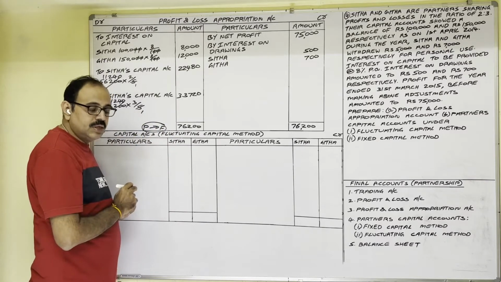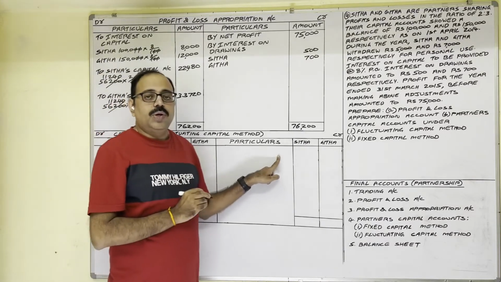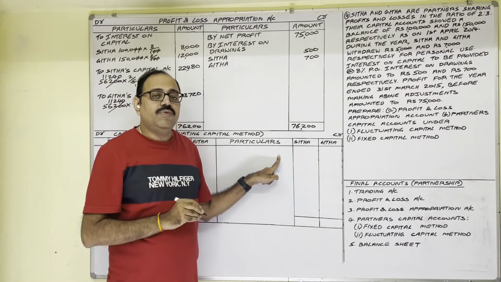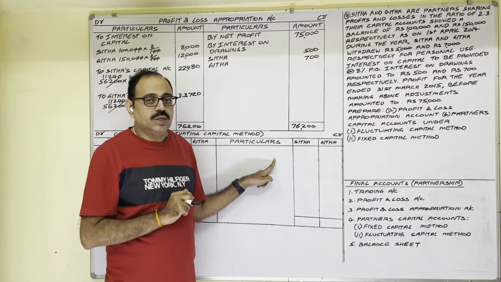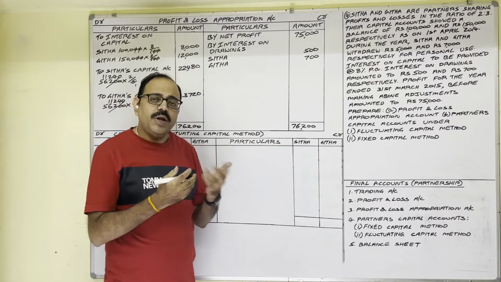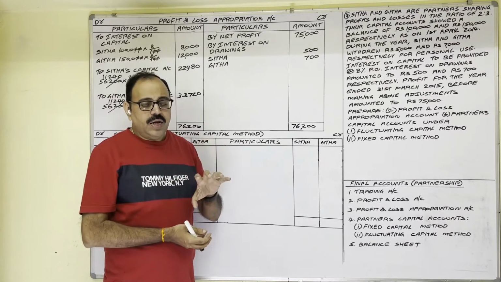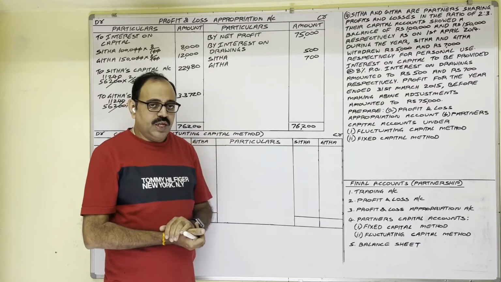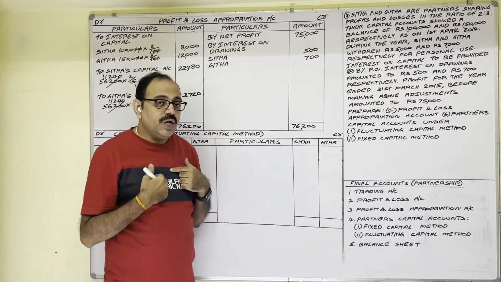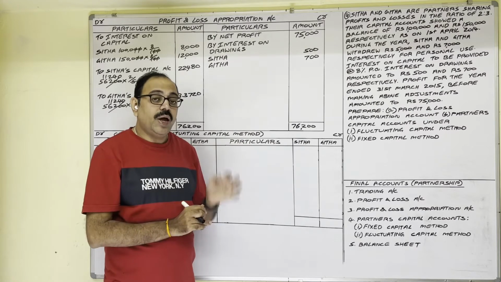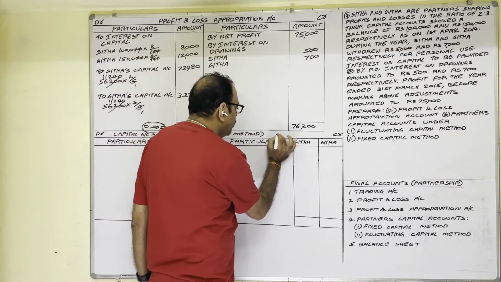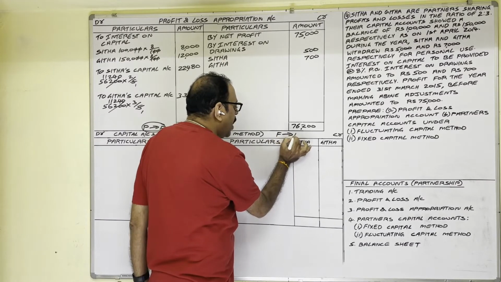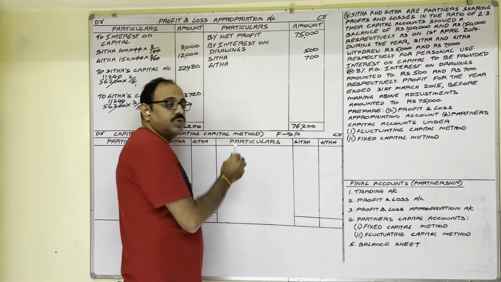Remember like this. Personal account rule: debit the receiver, credit the giver. So when partners are giving some money to us, on the credit side we should write. Same point in another manner: partners have given to the firm. If they retire, the firm should return that money to them, no? So at the time of retirement, the amounts which the firm has to pay to partners, on the credit side we should write.